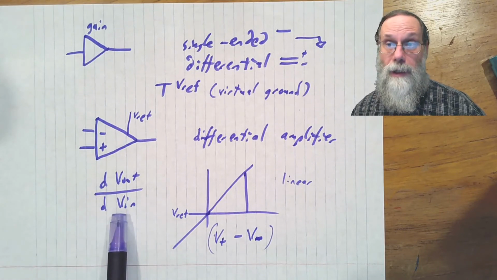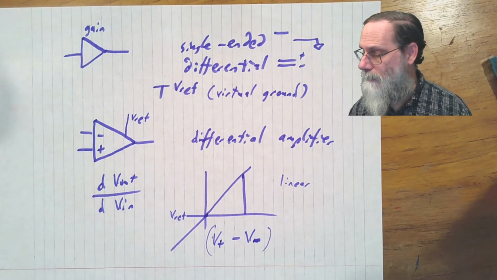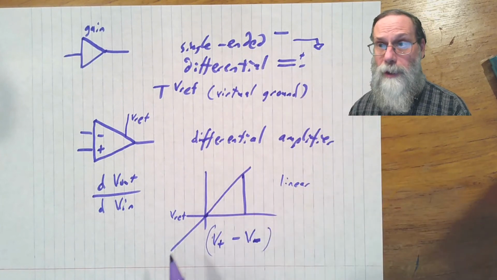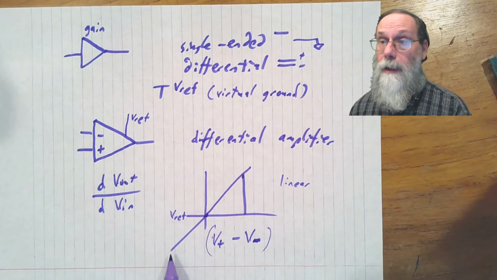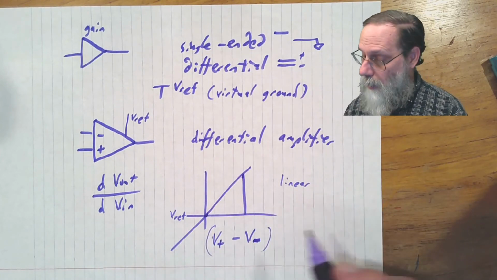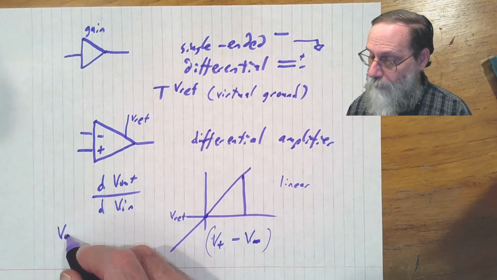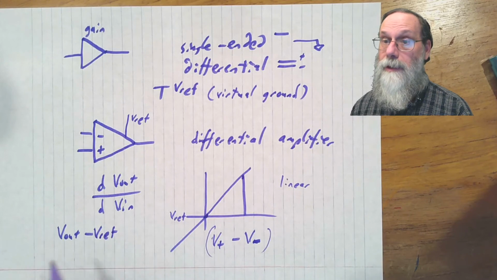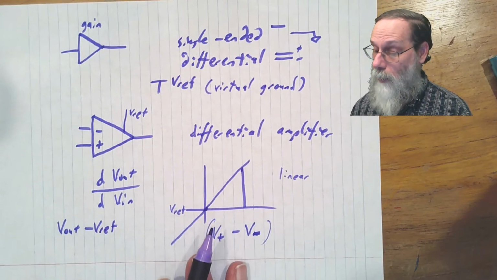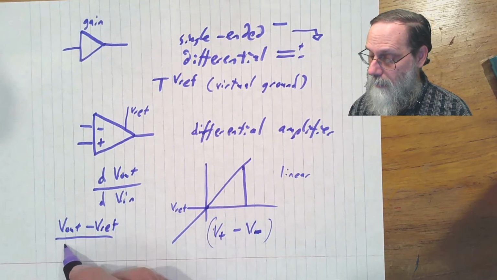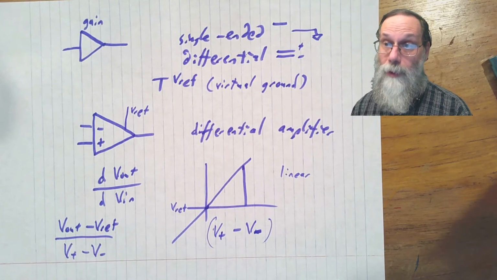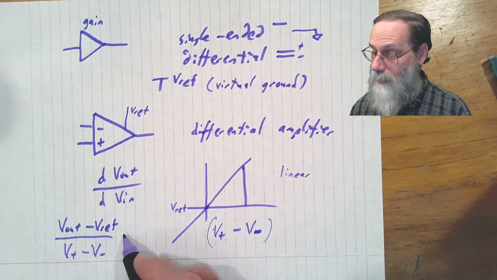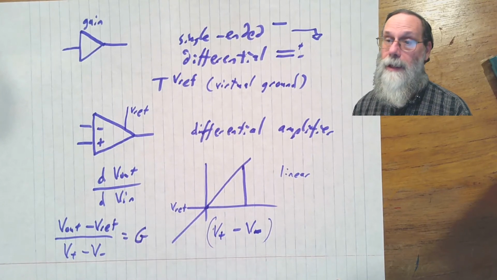The definition of the gain is the derivative here. Oh, let's write it down for a differential amplifier. What would be the gain equation? We would have Vout minus Vref, that is the output voltage, divided by the difference of the two inputs, that's the differential input voltage, that's the gain.